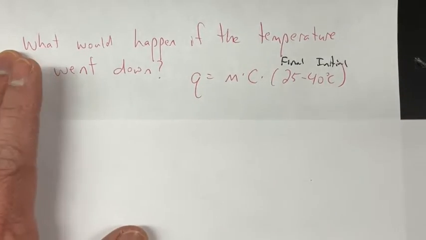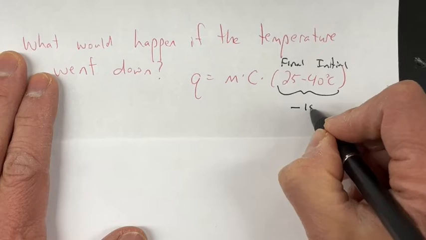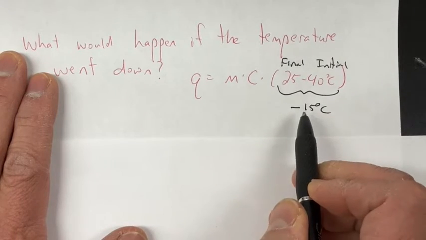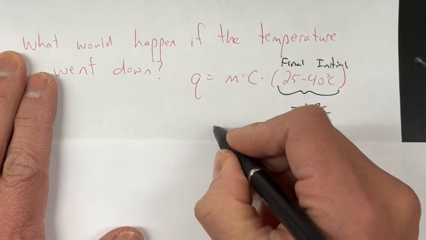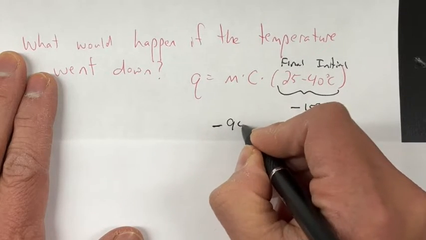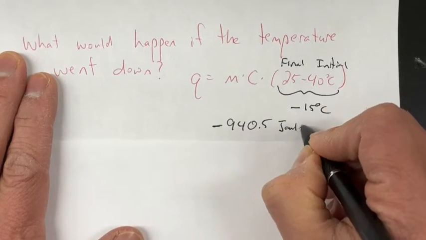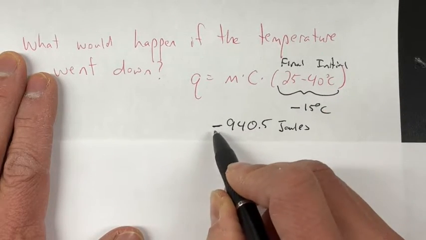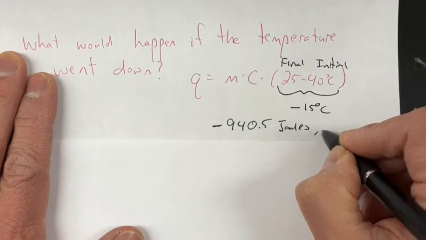Well, if it drops, then you can see that this term is now negative 15 degrees. And so how much energy is it going to be? Well, it's just going to be a negative 940.5 joules, which means I lost energy. So joules says energy lost.